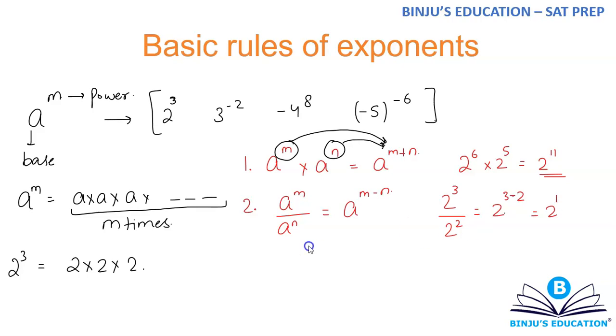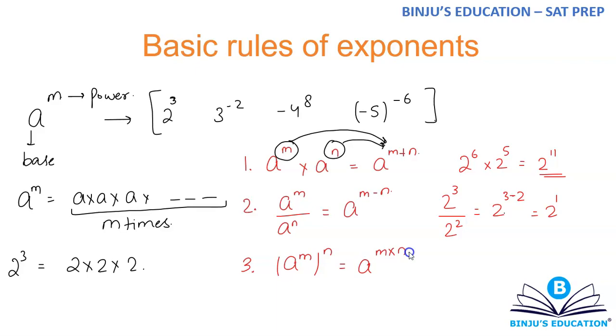Okay. Third is a to the power m whole to the power n is equal to a to the power m into n.